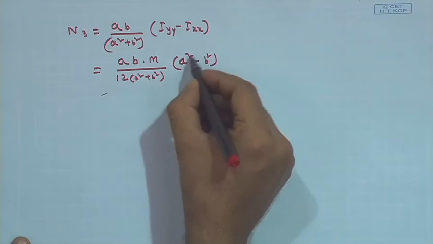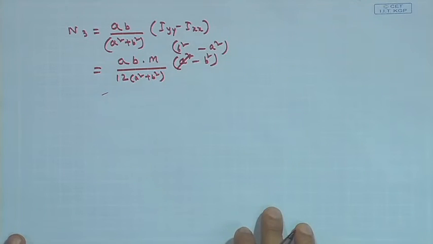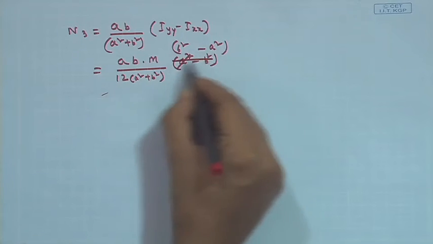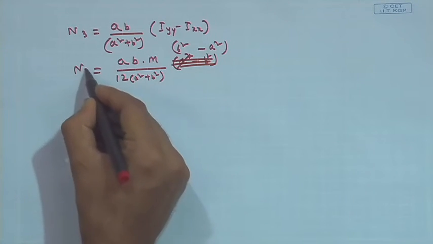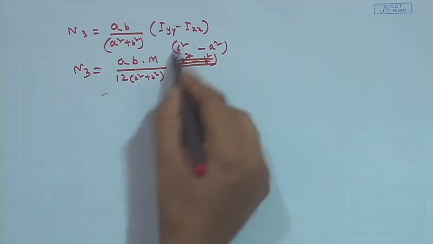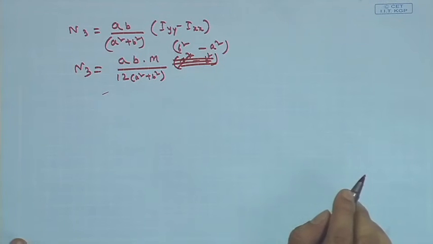Which is not possible. So it will be b square minus a square here. Initially I mixed up a and b by mistake. Okay, so our final expression for n3 is a times b m by 12 times b square minus a square. So we solved all of it.